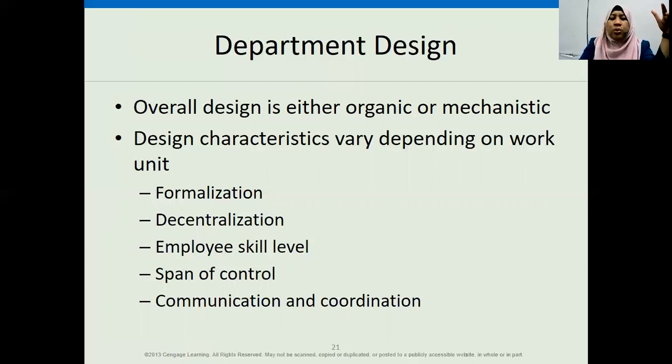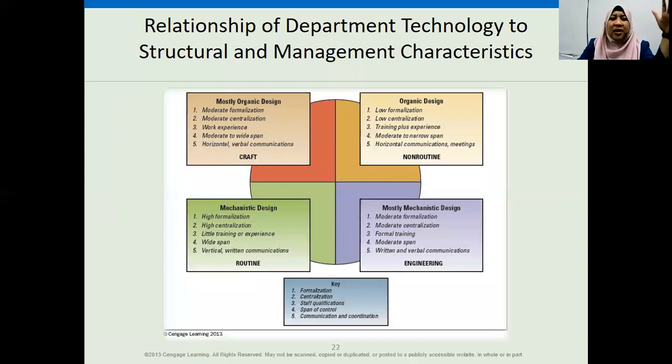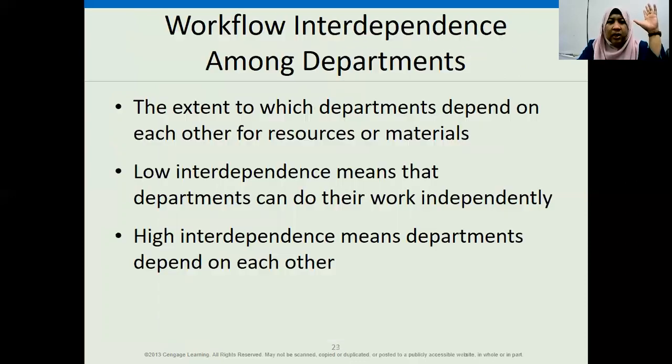And then communication and coordination. So this is all being repeated again. So, the relationship of department technology to structure and management characteristics: we have mostly organic design, and then mostly mechanistic design, and also the key.